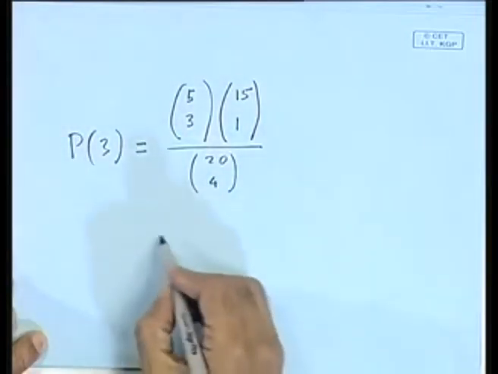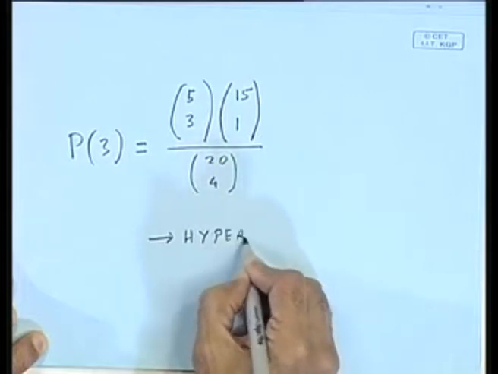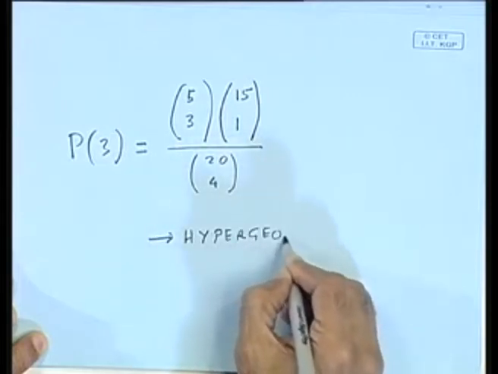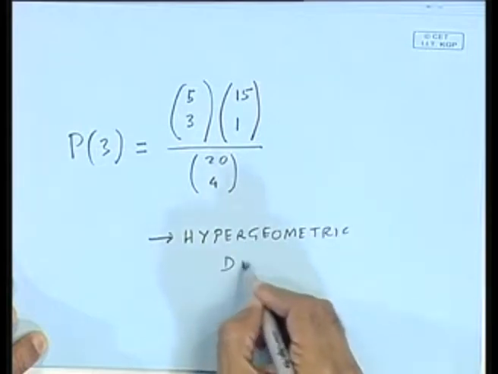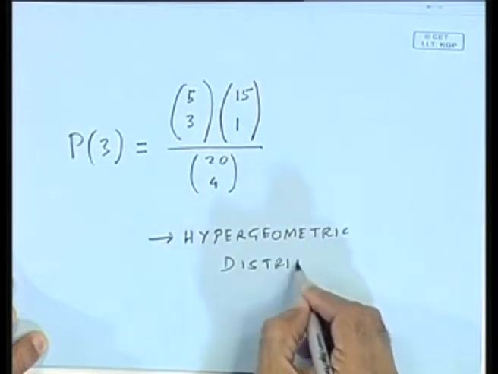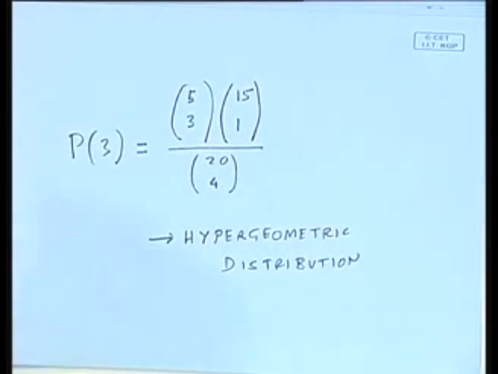This has been done using the hypergeometric distribution. And this is a very important formula which you use whenever we've got finite size lots. Whenever we've got finite size lots, we would like to use the hypergeometric distribution.